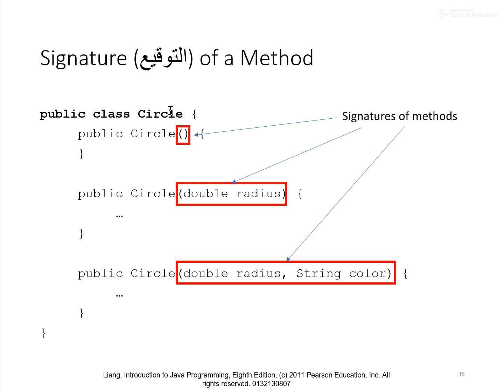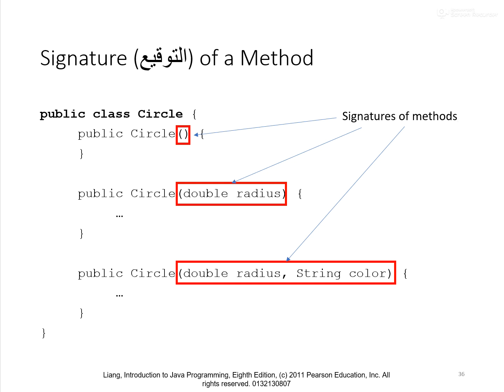So let's say for a class called Circle, all of these constructors would have the name Circle, of course. But they would differ in the number of arguments that they would take, or the types of arguments that they would take. The list of arguments that a method takes, any method, not just the constructor, is called the signature of a method.